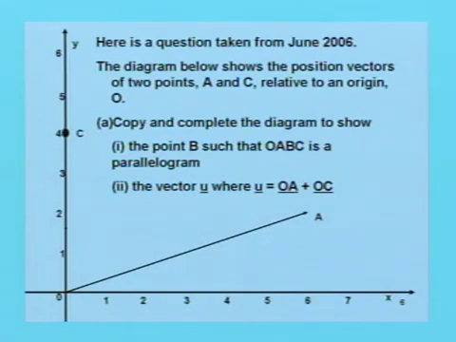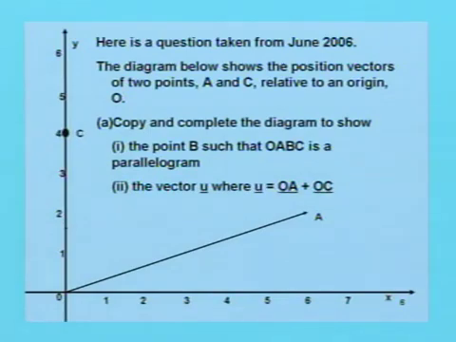Copy and complete the diagram to show, part 1, the point B such that OABC is a parallelogram, and part 2, the vector U, where U is equal to vector OA plus vector OC.